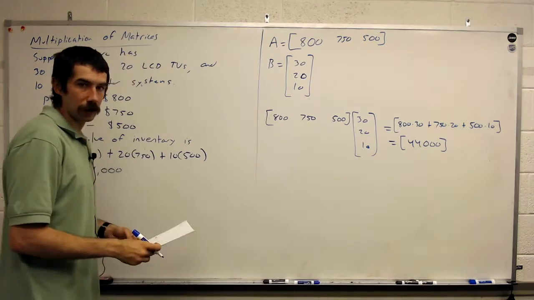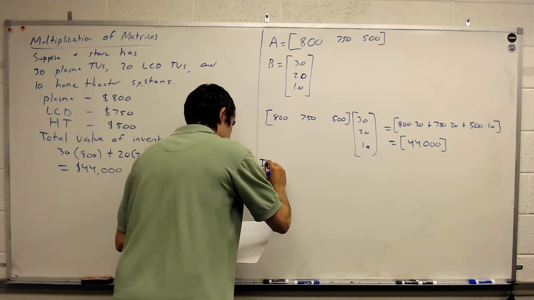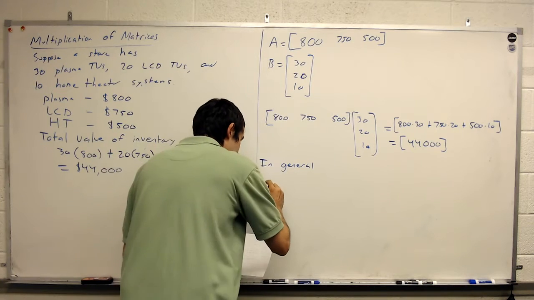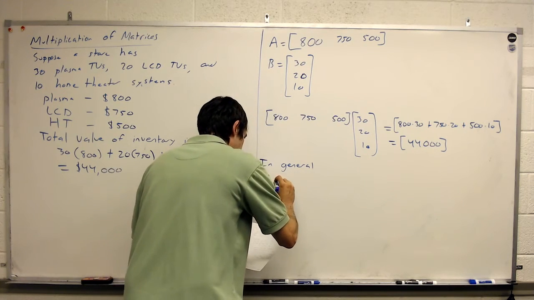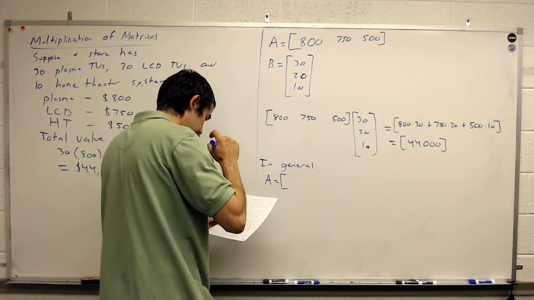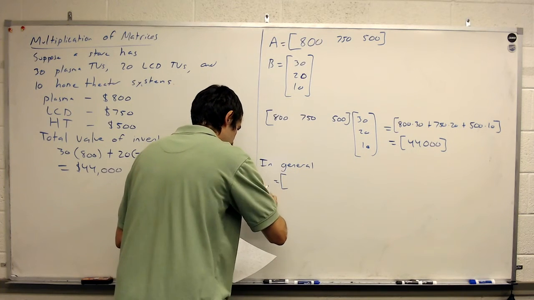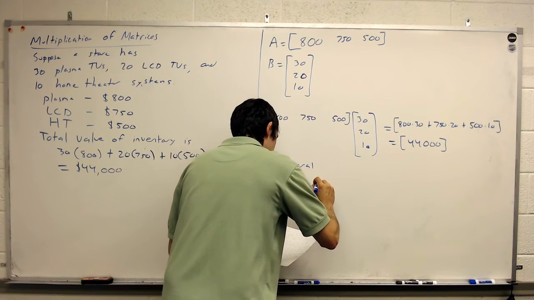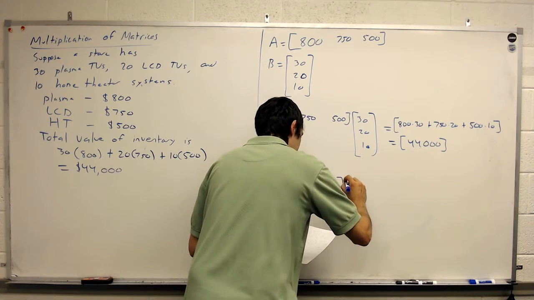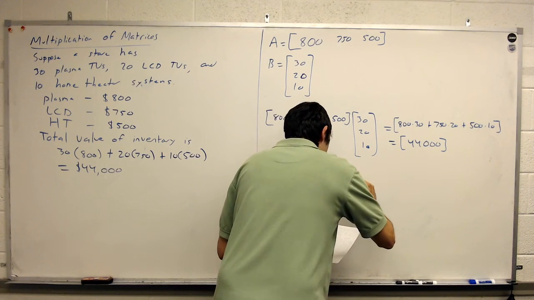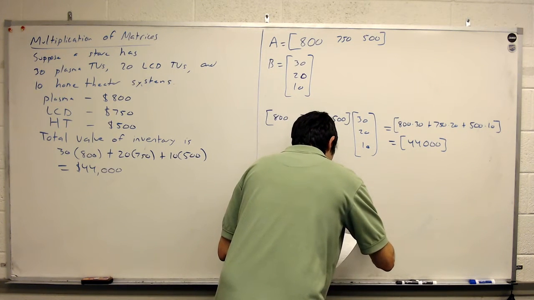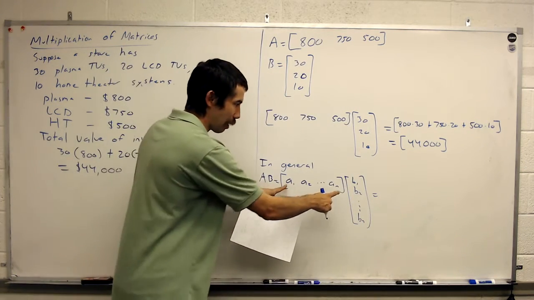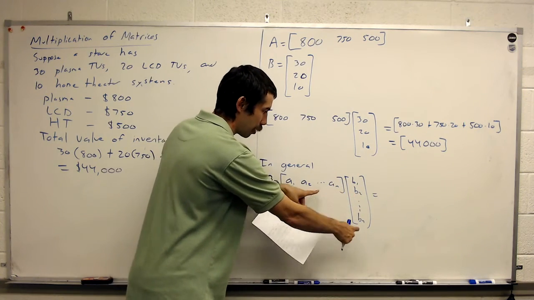And in general, if A is the matrix A1, A2, ... An, and B is the column B1, B2, ... Bn, then this product we're going to define to be A1 B1 plus A2 B2 all the way to An Bn.